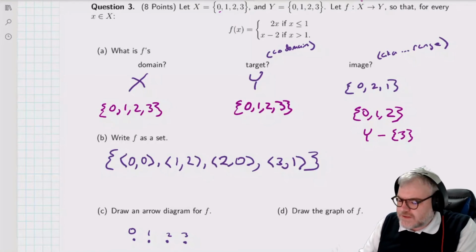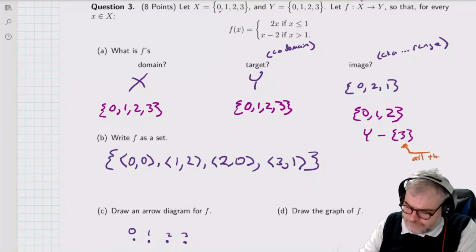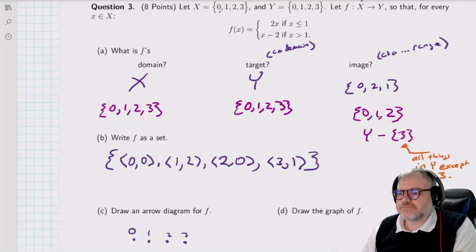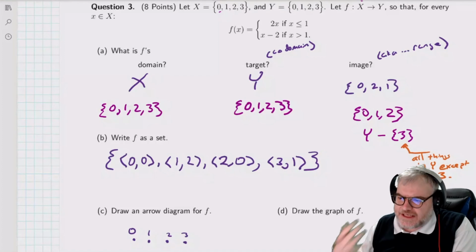The last one says all things in Y except 3. Right, so the range or the image are the things I actually get to.